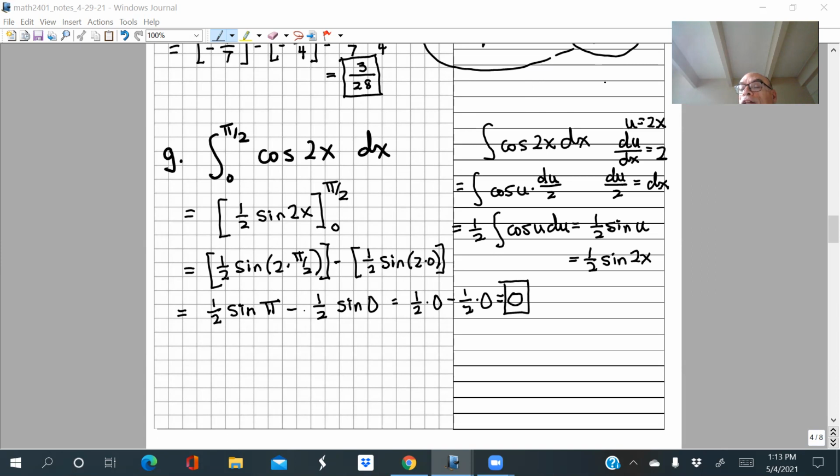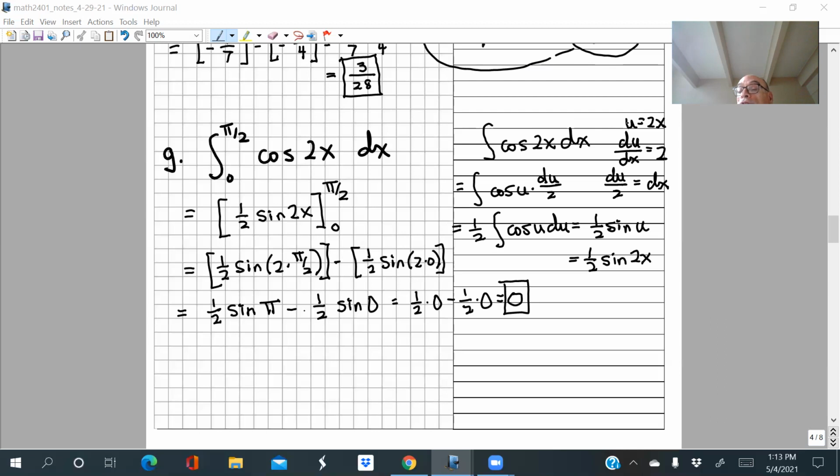So it's not just cosine of x, it's cosine of an expression involving x. So that's an opportunity for integration by substitution, when you have a trig function of an expression, not just trig function of x.